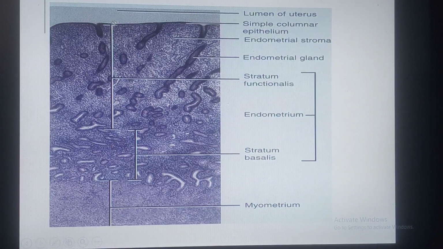So this will be shed if the ovulated secondary oocyte doesn't get fertilized. Then the decidual formation will have to be broken down. That's the periodic monthly shedding of blood. So all this area will be shed, leaving the basal layer, which is regenerative and will later give rise to the functional layer again.